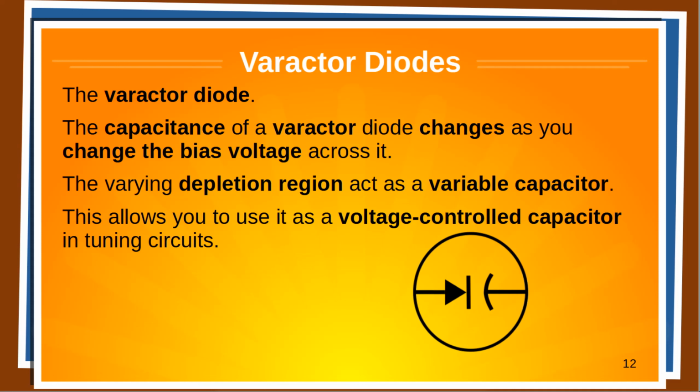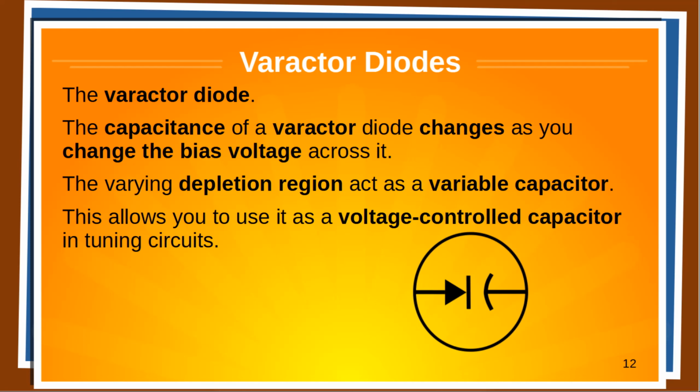Varactor diodes. This is where we use the depletion region. When you reverse bias the diode, and you can do this with any diode, they just manufacture varactor diodes slightly different to enhance the effect.